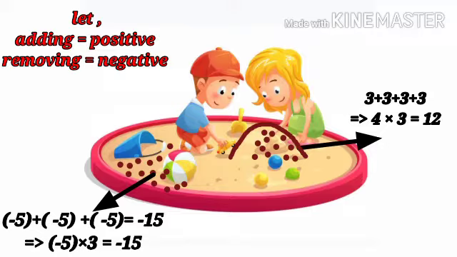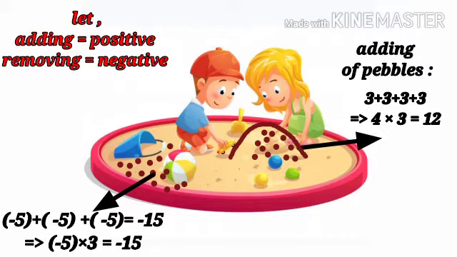Ramani is adding some pebbles to the heap and Ravi removes some pebbles. Ramani adds 3 pebbles at first, then she adds 3 more pebbles. She repeats this 2 more times. Now the question is, how many pebbles did she add in total? Adding of pebbles is positive, as you all know.